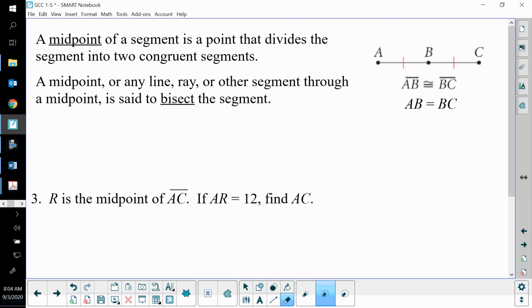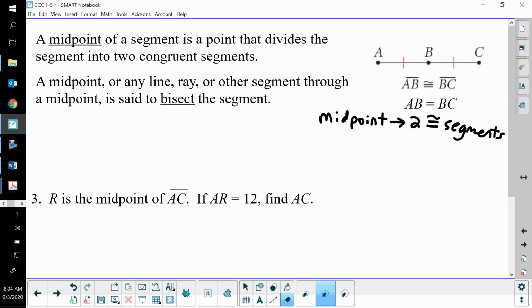The geometry reasoning that we'll write out when we use this, we will say midpoint, and we'll draw a little arrow to mean implies, and then we'll write 2 congruent segments. So anytime we use our midpoint rule, that's what we'll write out, that the midpoint implies 2 congruent segments.